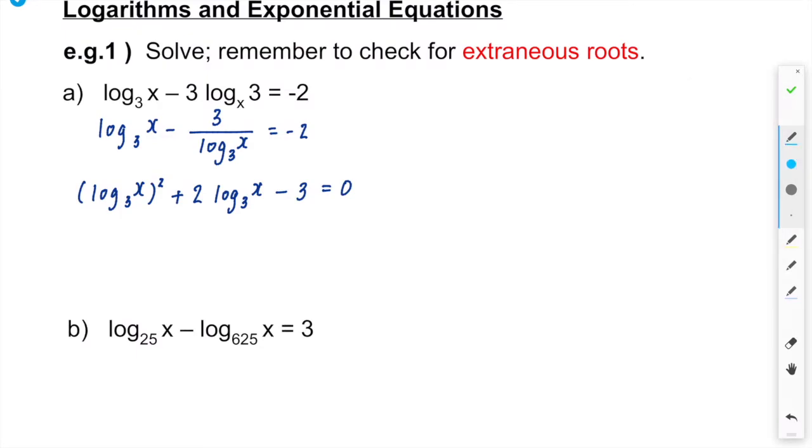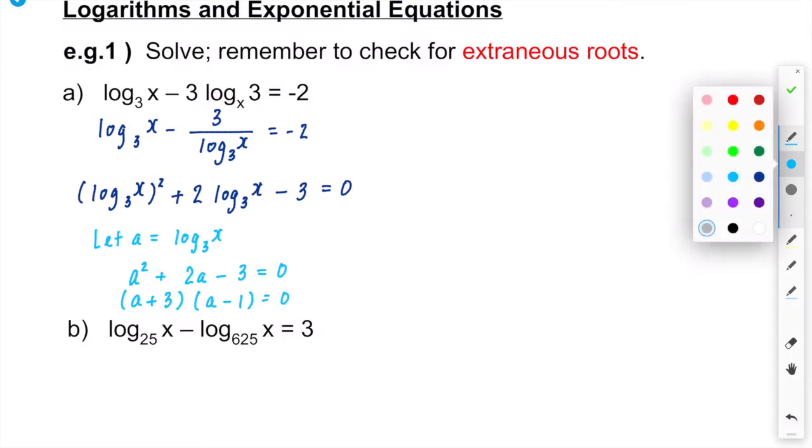Do you see a quadratic pattern here? If you don't, you can let a be log x base 3. Then you're really looking at a squared plus 2a minus 3 equals 0, which allows you to factor into a plus 3 times a minus 1 equals 0.